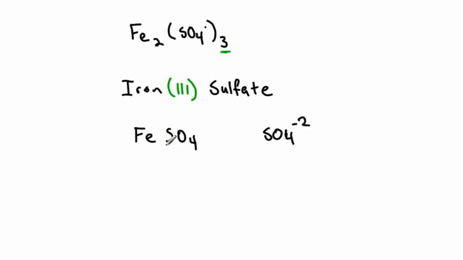That means that the iron must have had a charge equal to that of the sulfate because we just have a 1-to-1 ratio. So iron must have had a positive 2. So when we go to name, we have iron, and we want to say 2, sulfate.